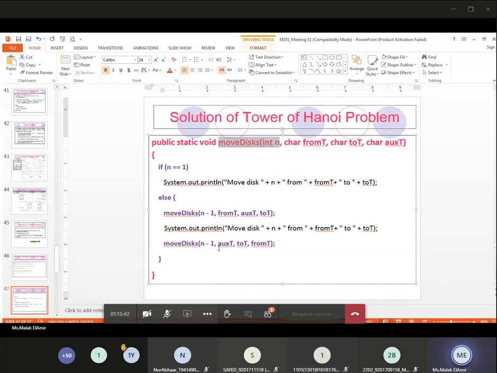Is it clear? I know it is a little bit not simple to write the code, but it is one of the most famous pieces of code. I can solve the Tower of Hanoi using recursion instead of iteration. Okay?